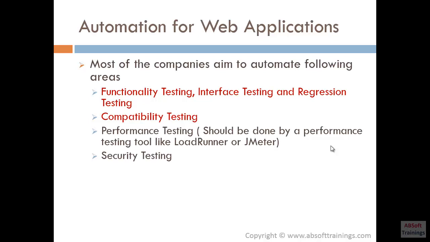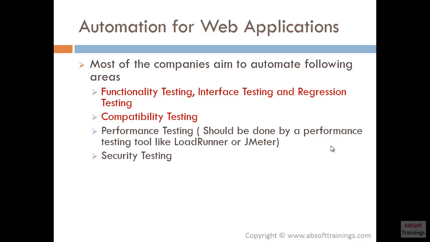This is mostly related to functionality, and this is where Selenium comes into the picture. With Selenium you can pretty much automate functionality testing, regression testing, and compatibility testing. You can do a bit of interface or API testing as well, but Selenium is not a perfect tool for that. Selenium is really good for functionality testing for web applications.